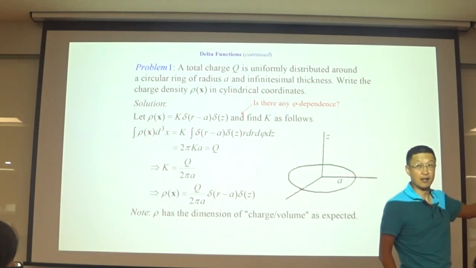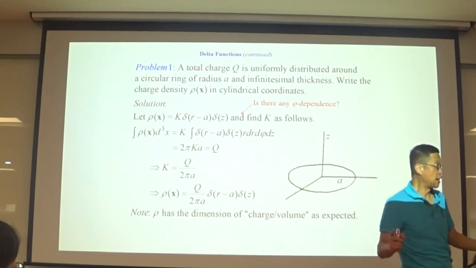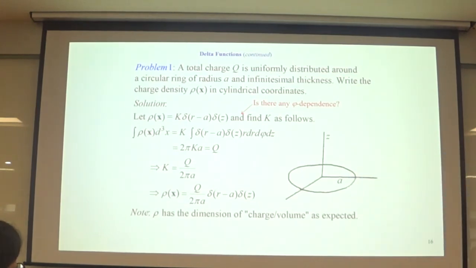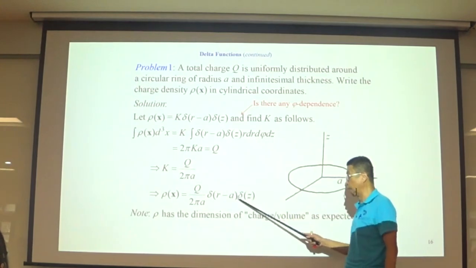Sometimes people, when writing the answer, will write it in this form, and sometimes in that form. Both are acceptable. Two expressions, but only when r equals a, because of the property of the delta function.